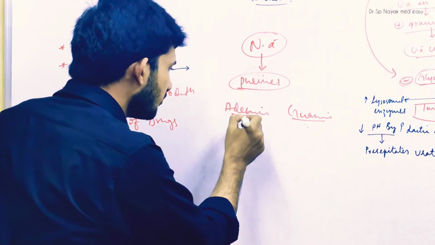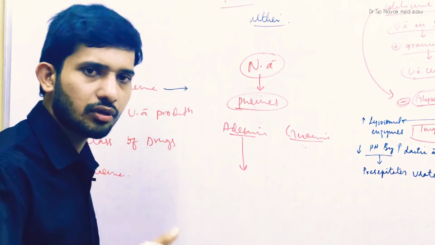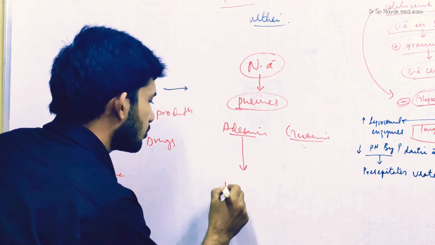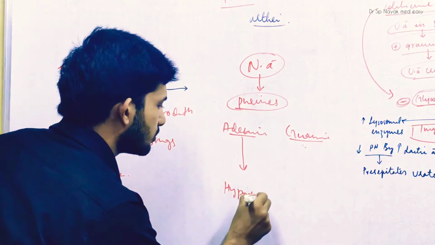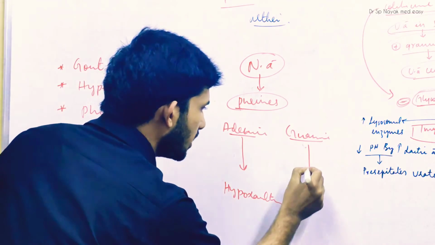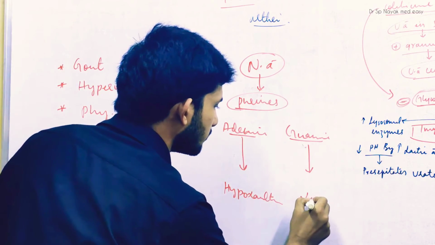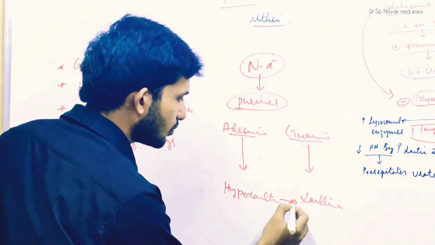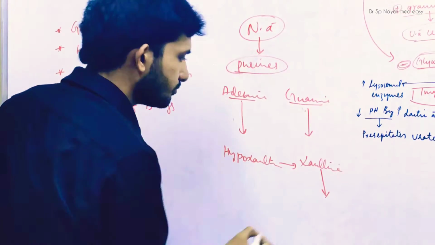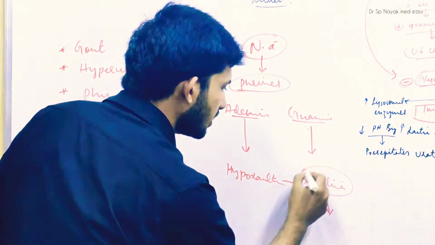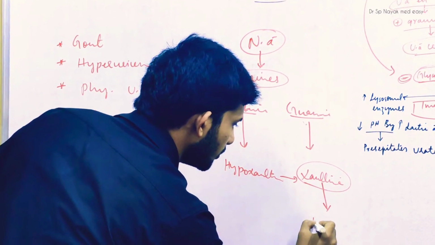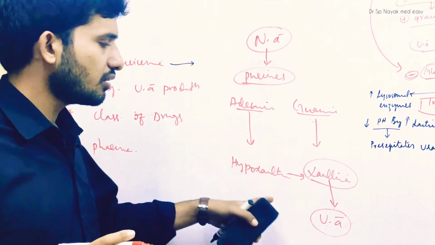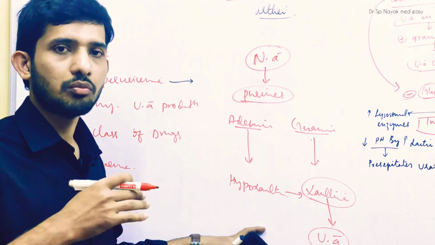This adenine will undergo different metabolic reactions, and finally this adenine is converted into hypoxanthine, and this guanine is converted into xanthine, and this hypoxanthine again is converted into xanthine, and finally the xanthine is converted into uric acid. Remember guys, this is the general biosynthesis of uric acid in our body.